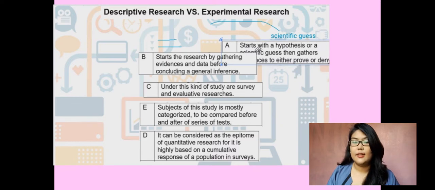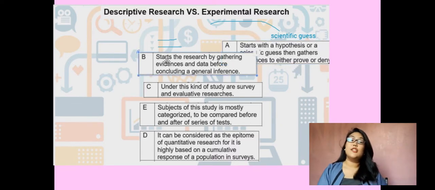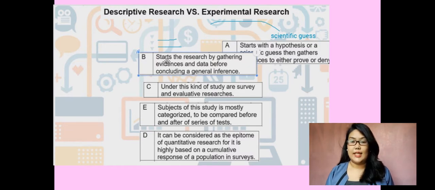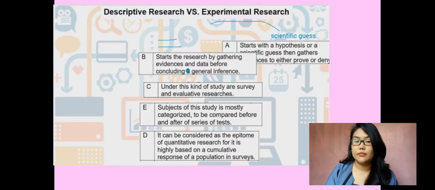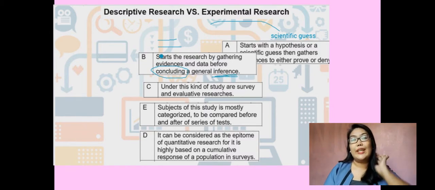Okay, next. Starts research by gathering evidences, data, before concluding a general inference. Alright, we have here the words conclude and inference.